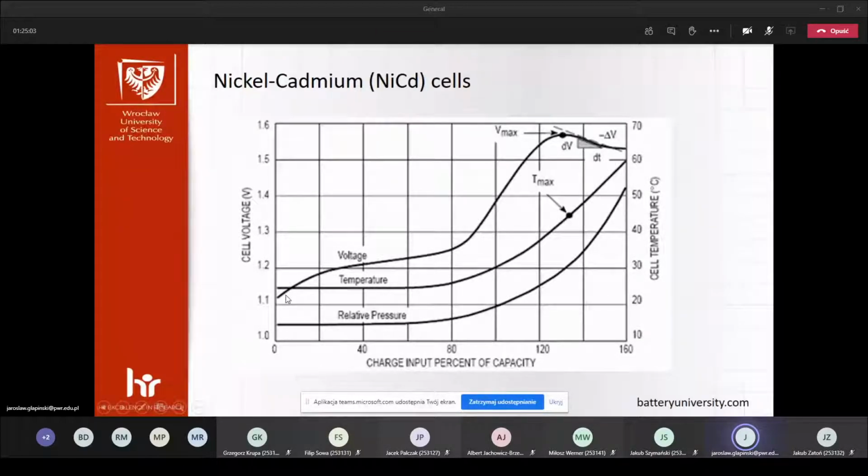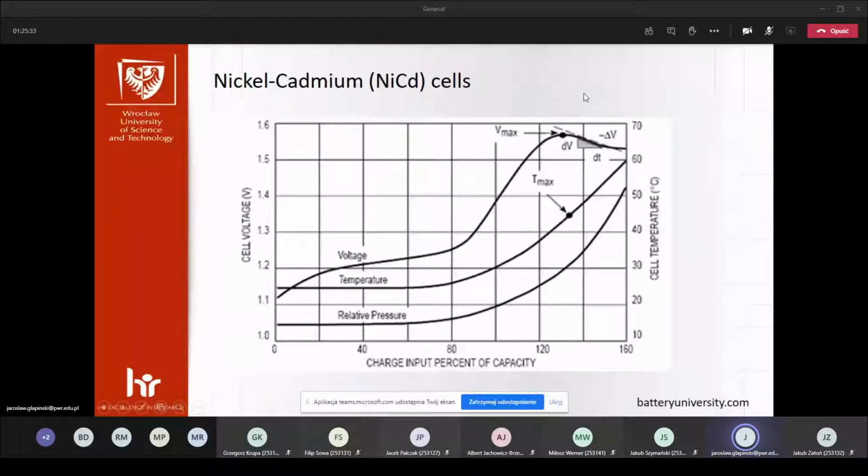This is the charge time. We start at 0.1 or so when discharged, and the voltage rises up to 1.55 or so. And then if we still charge it, the voltage will drop.